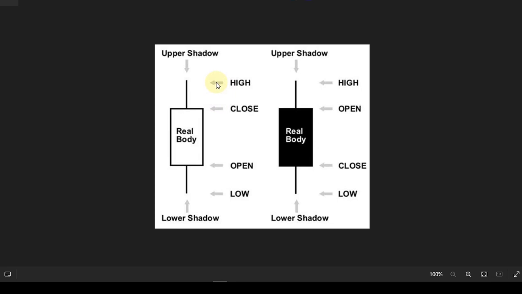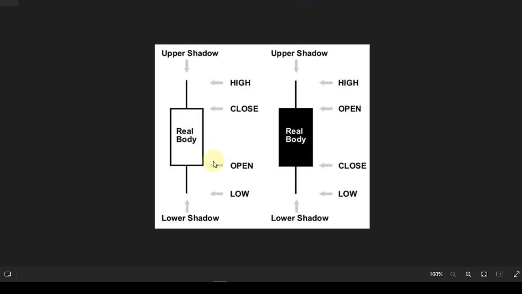Okay, so now, please, I also want you to understand that the relationship or the activity that happened here happened between two parties, the buyers and the sellers. That is why I say this is a buying candle and this is a selling candle.